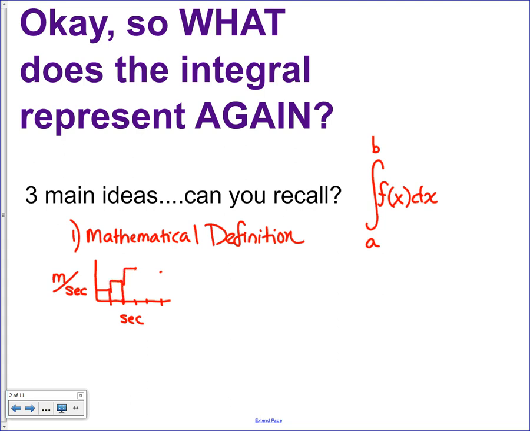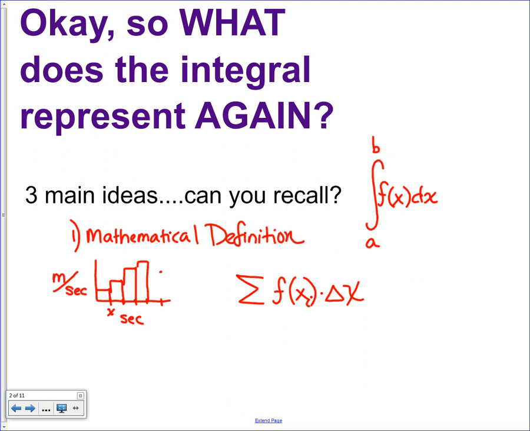So we had a graphical understanding as well as another understanding which we'll get to. But we estimated his overall position change by adding up all of the differences in x times the velocities at each particular x value.